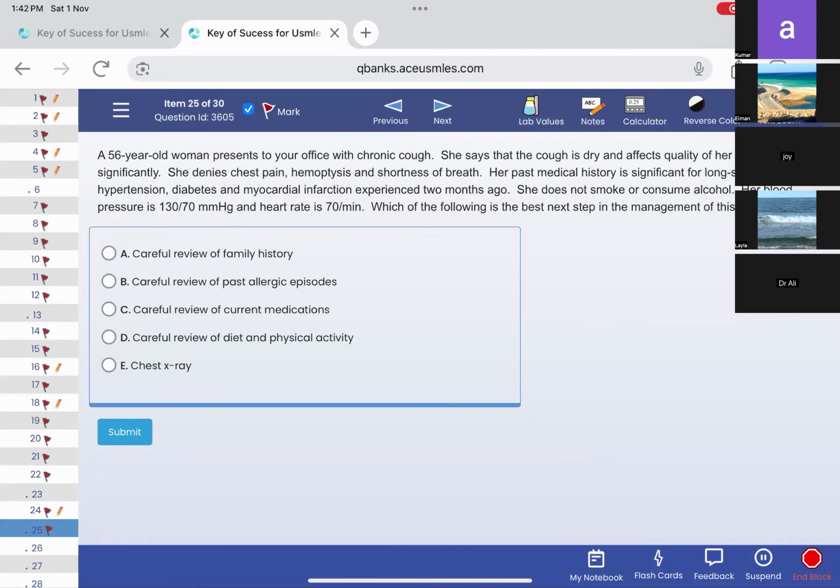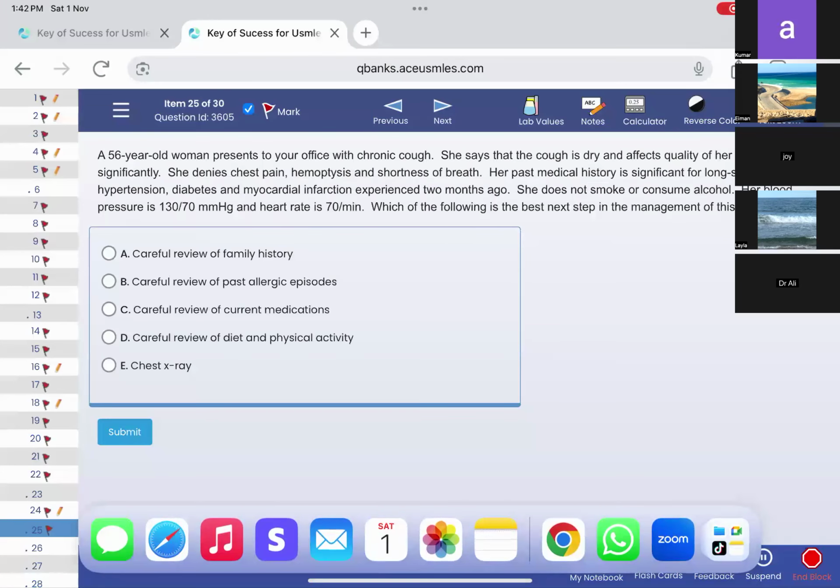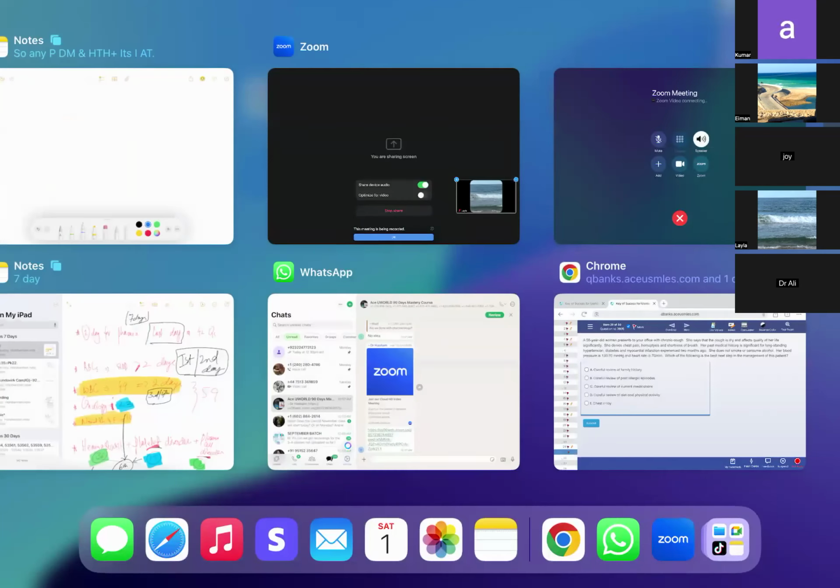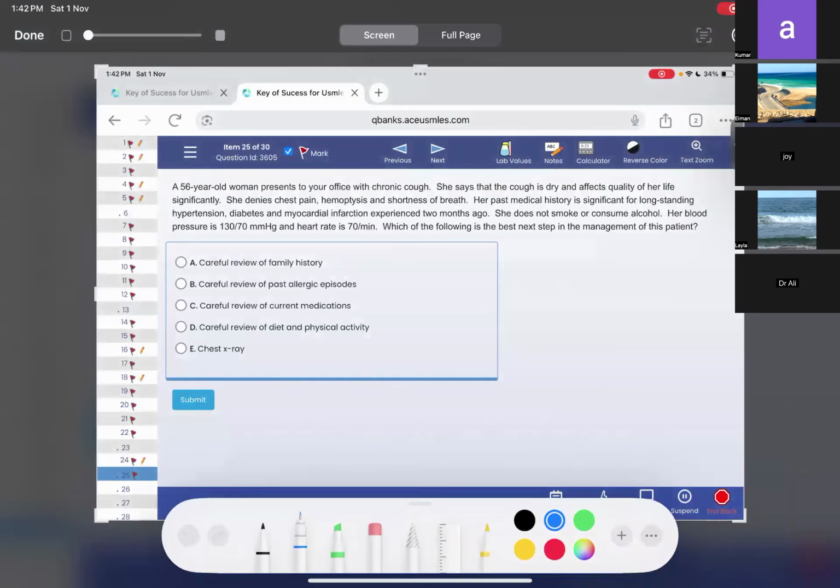Which of the following is the best next step in management of this patient? A 56-year-old woman presents to your office with chronic cough. She says that the cough is dry and affects the quality of her life significantly. She denies chest pain, hemoptysis, and shortness of breath.